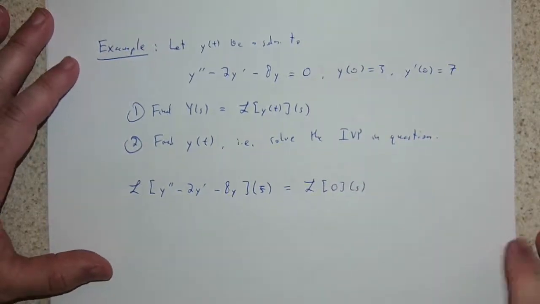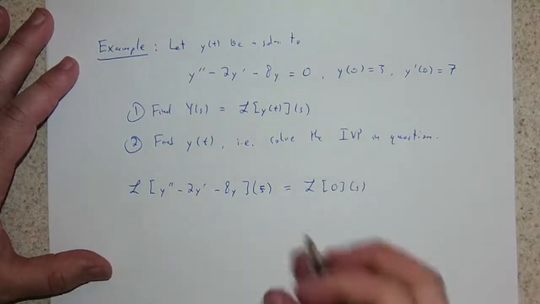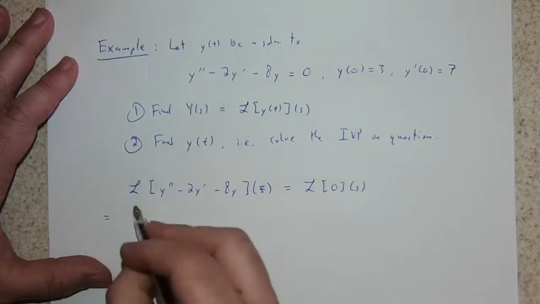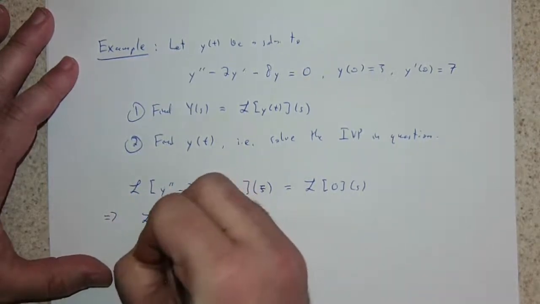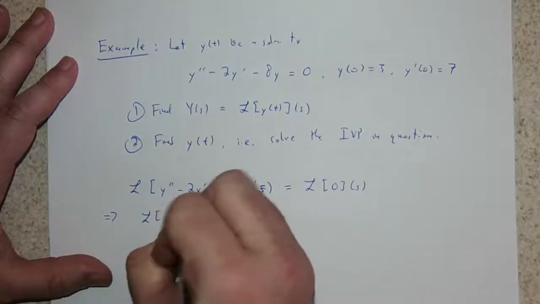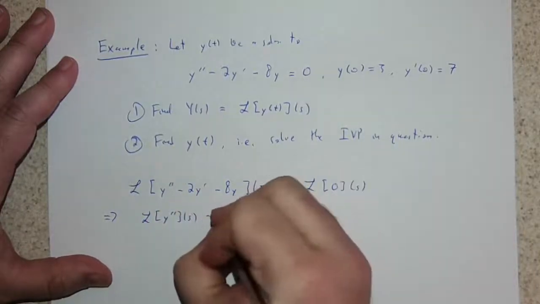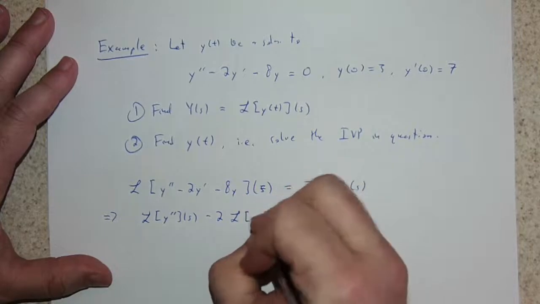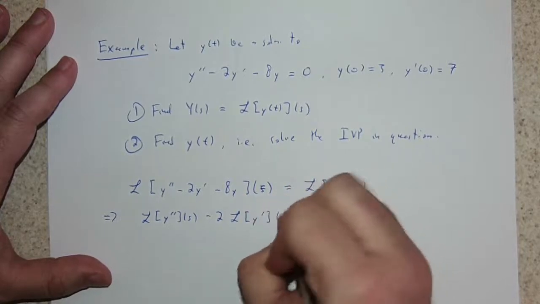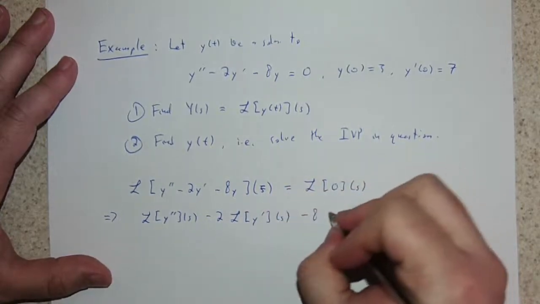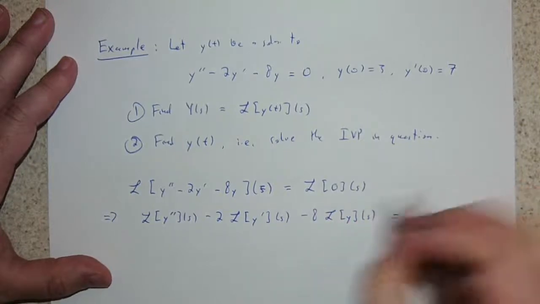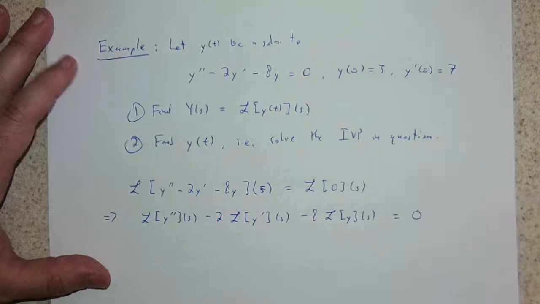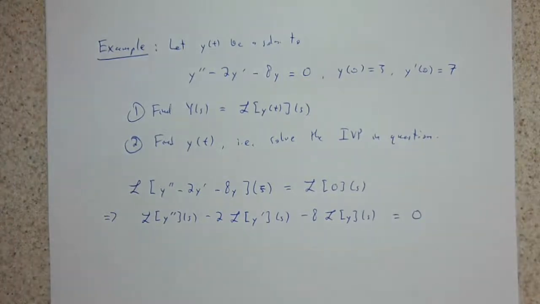All right, and so what this is using is linearity of the Laplace transform. This is the Laplace transform of y double prime of s minus 2 times the Laplace transform of y prime of s minus 8 times the Laplace transform of y of s is equal to the Laplace transform of 0, which is 0. So there we go.